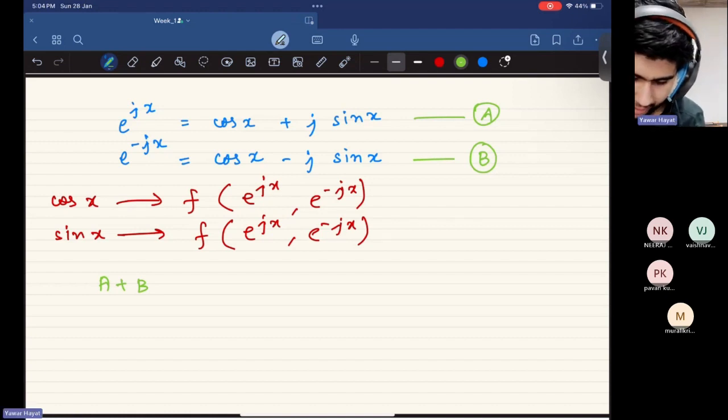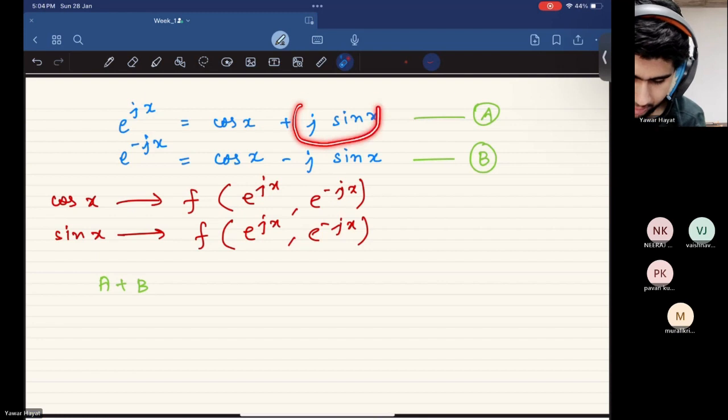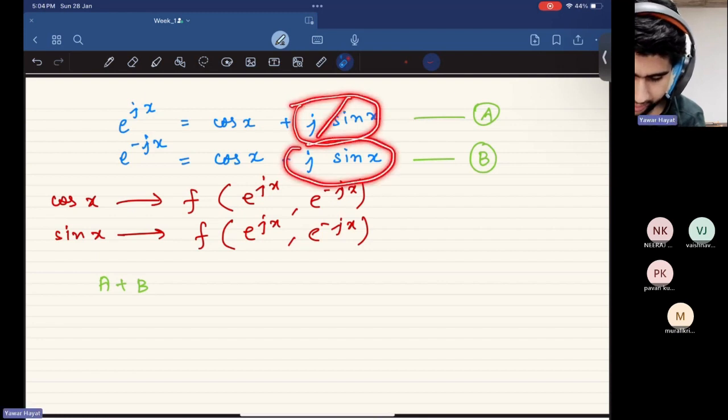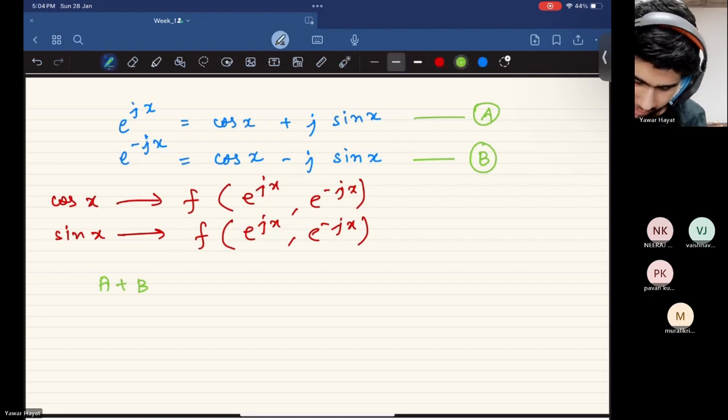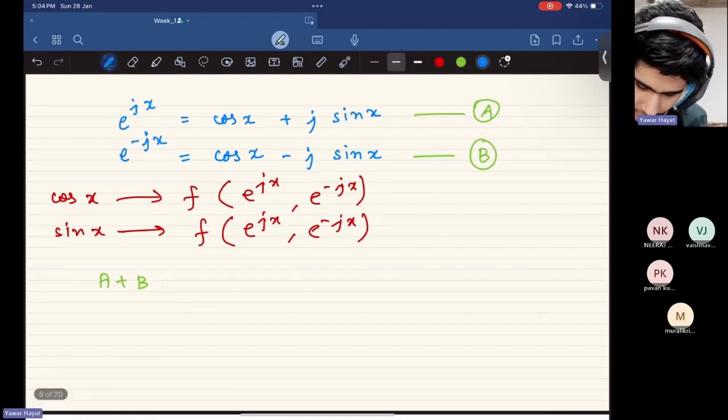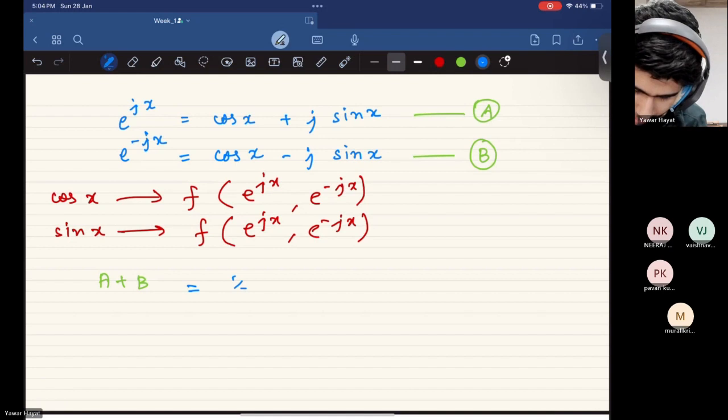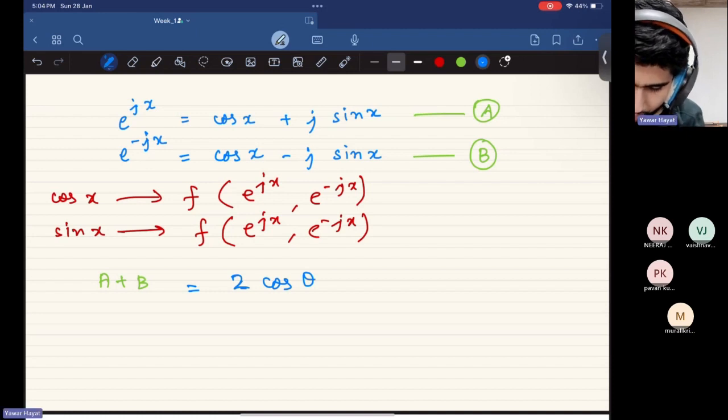The sine terms will cancel, and a plus b would give me 2 cos x. And a plus b on the left hand side is e power jx plus e power minus jx.